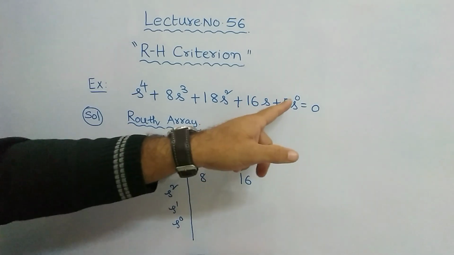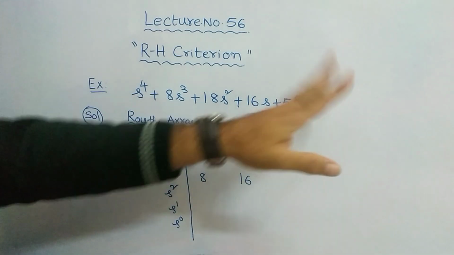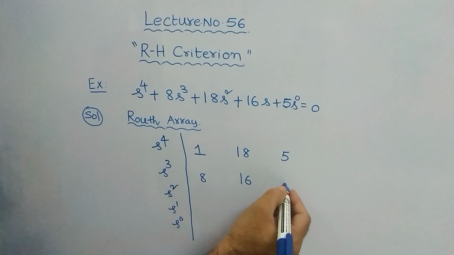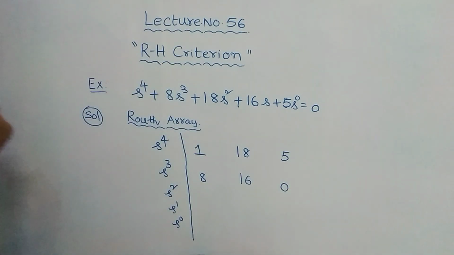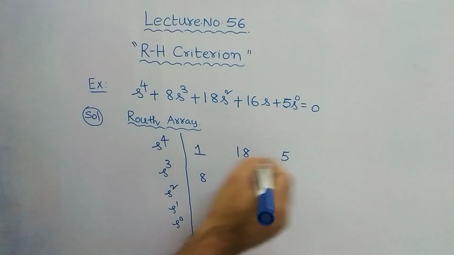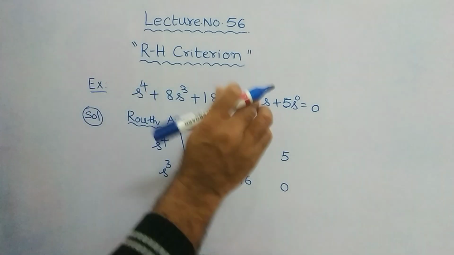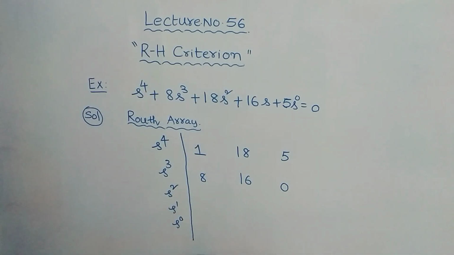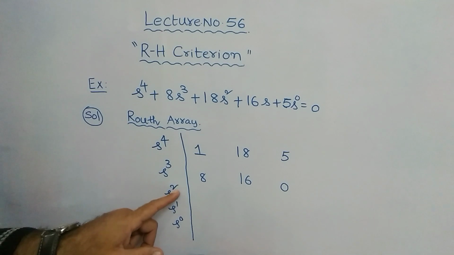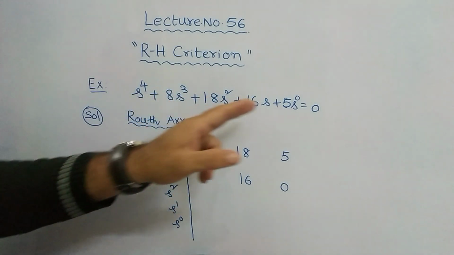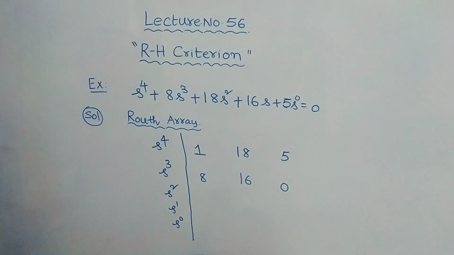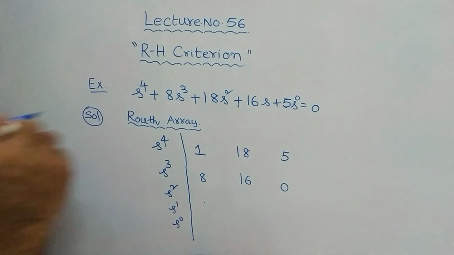After that, the next value becomes 0. Therefore, these two rows must be taken from the given characteristic equation. Now for s square, you should not consider it from this equation. The rows s square, s power 1 and s power 0 will be obtained from these two rows only.